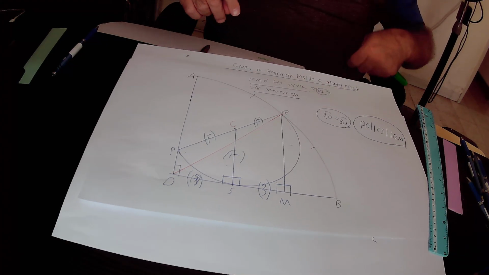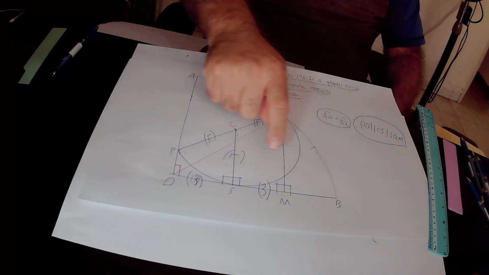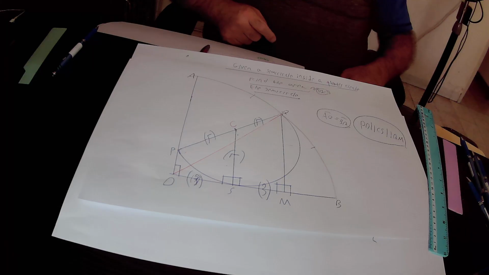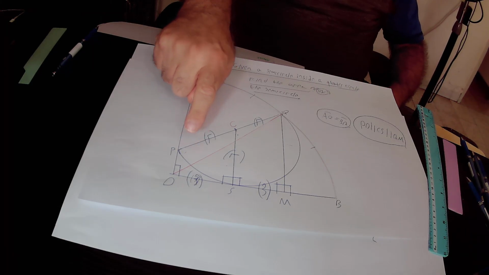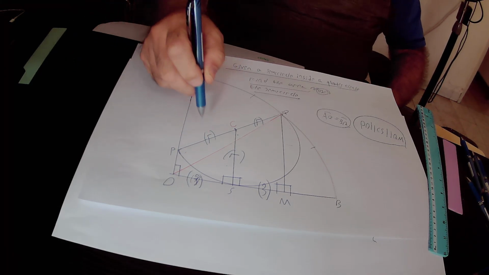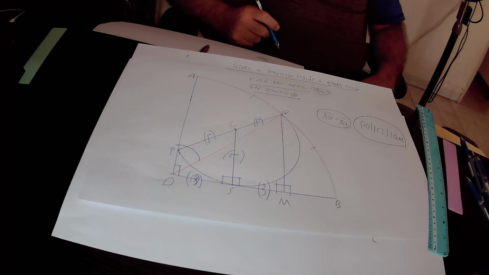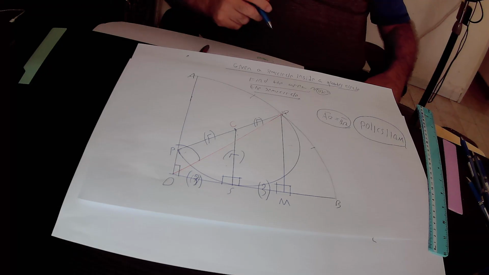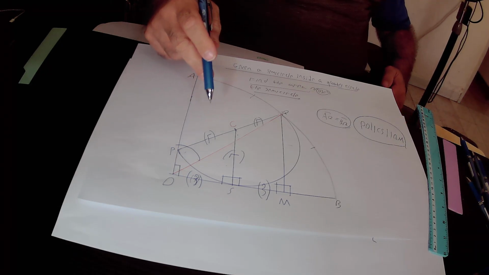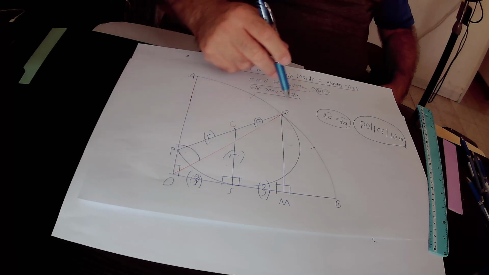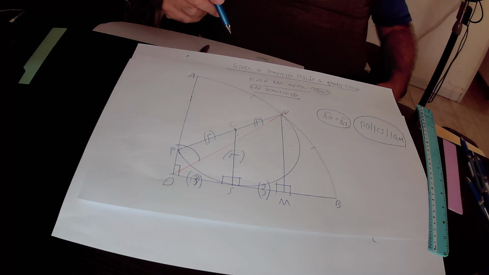So we know that angle AOB equals 90 degrees in size. This is angle AOQ. Because point O is the center of this quarter circle, angle AOQ is defined as a center angle.